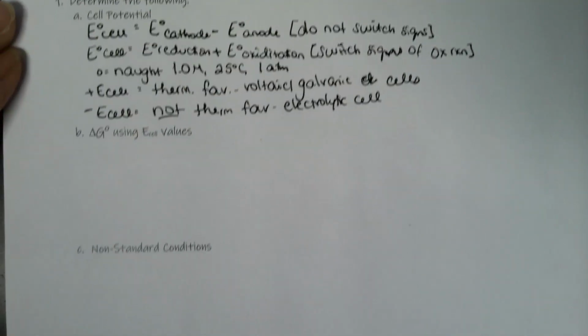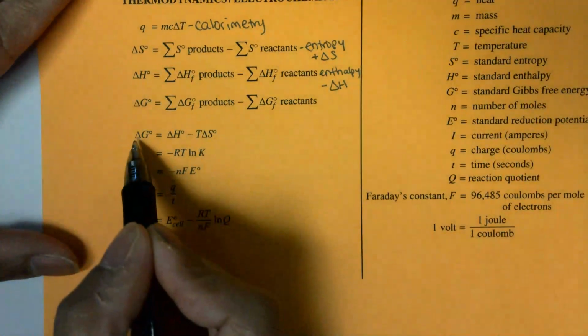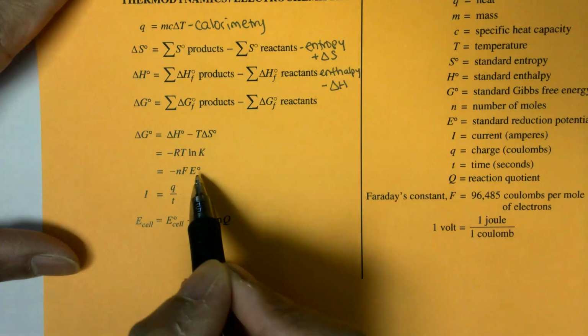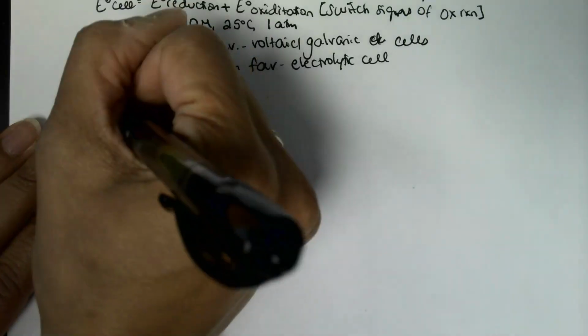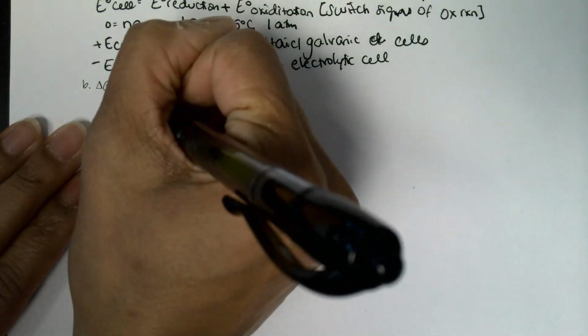Let's look at some values for delta G or Gibbs free energy. Remember, Gibbs free energy tells us if the reaction is going to occur or not. So if we wanted to compare Gibbs free energy with the E values, we could use this equation right here. This is one of the last few that we are dealing with for the year.